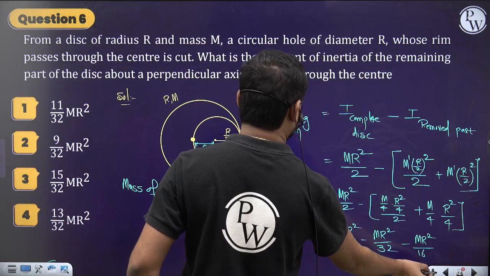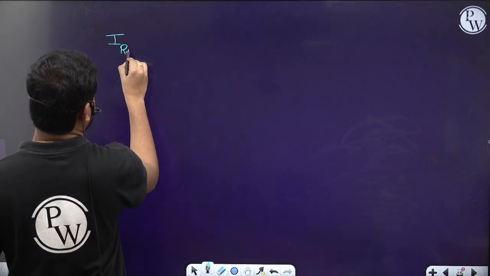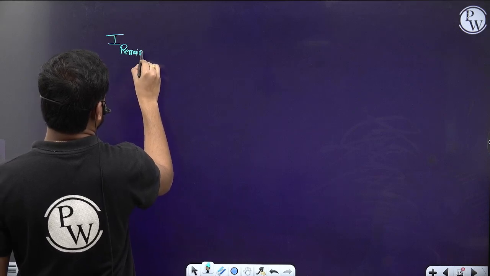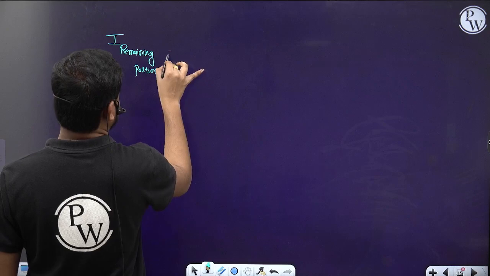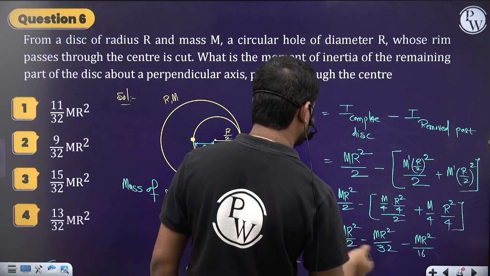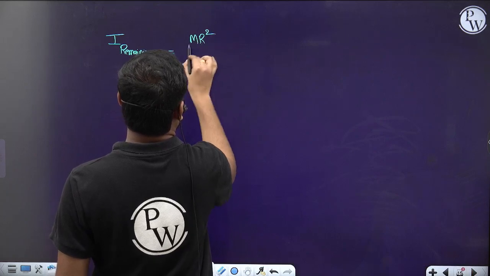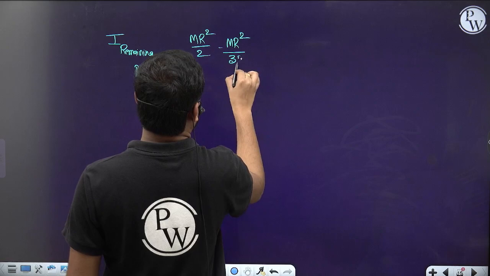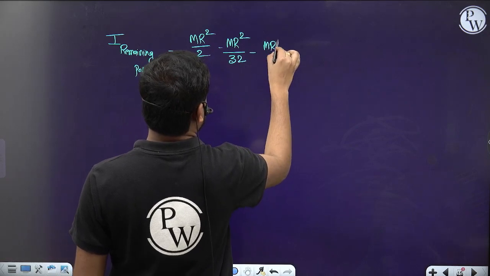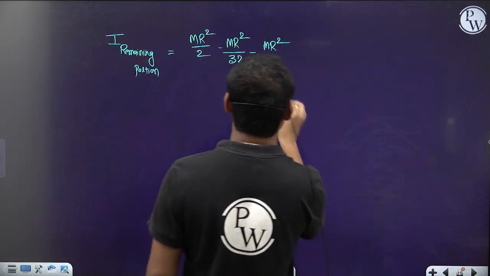So next, we have the moment of inertia of the remaining portion, just do the calculations. It is equal to MR² by 2 minus MR² by 32 minus MR² by 16.